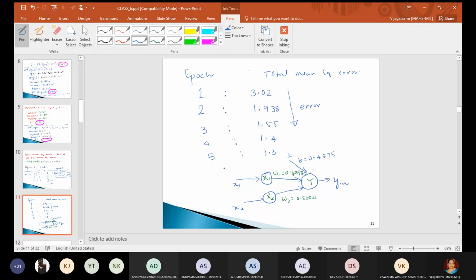This is the Adaline neural network model for this particular problem. If you are implementing, this is the neural network model. This is the complete solution. This is how we do.